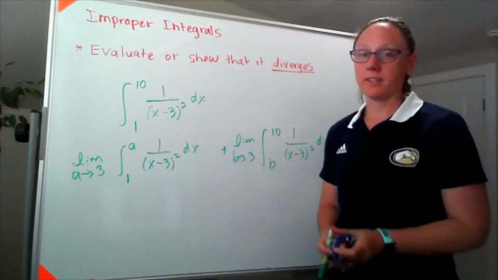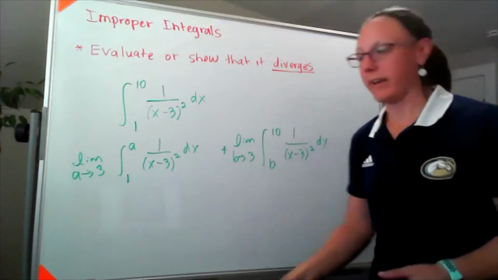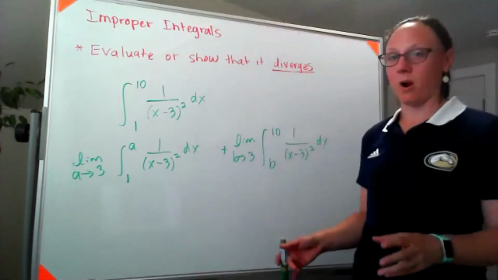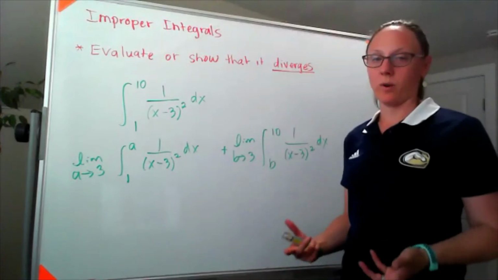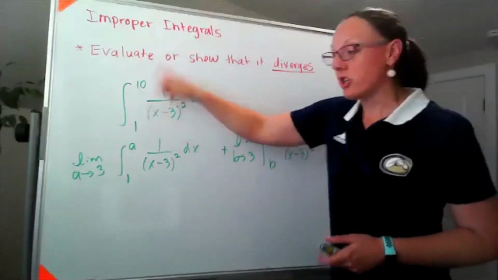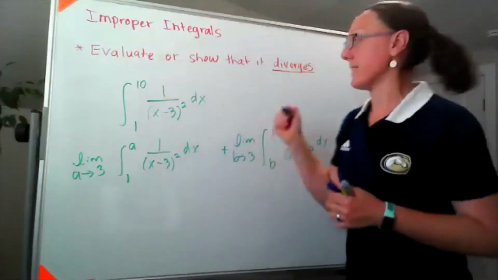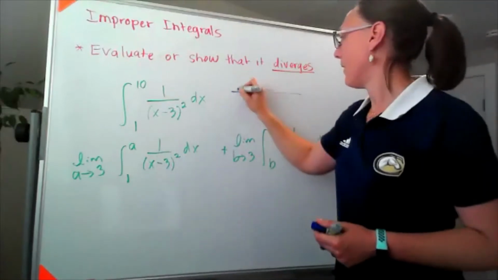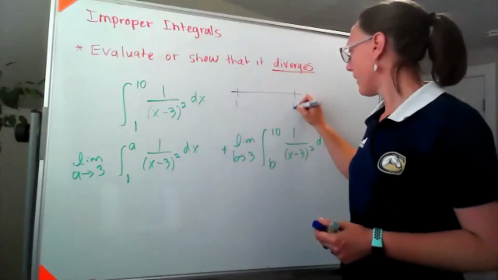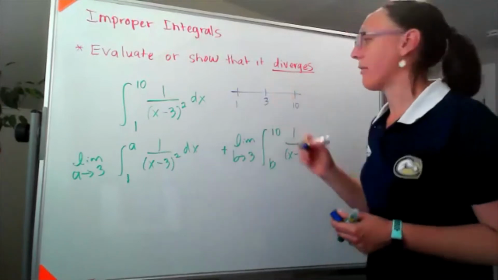For both of these, if I want to get all of my points on the problem, there is a subtlety that we want to keep in mind. Originally, this integral went from 1 to 10, and we broke this apart at 3.